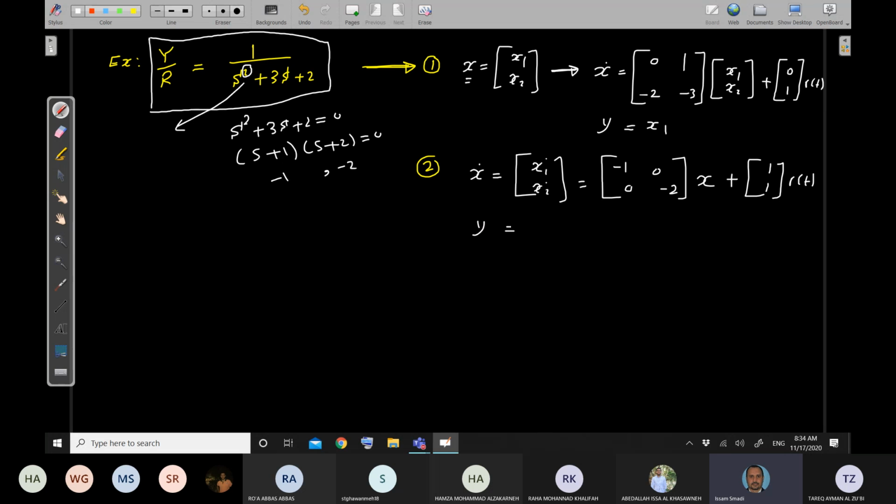Now, for y, I need to do the partial fraction expansion. If I do the partial fraction expansion, it will be k1 over s plus 1 plus k2 over s plus 2.